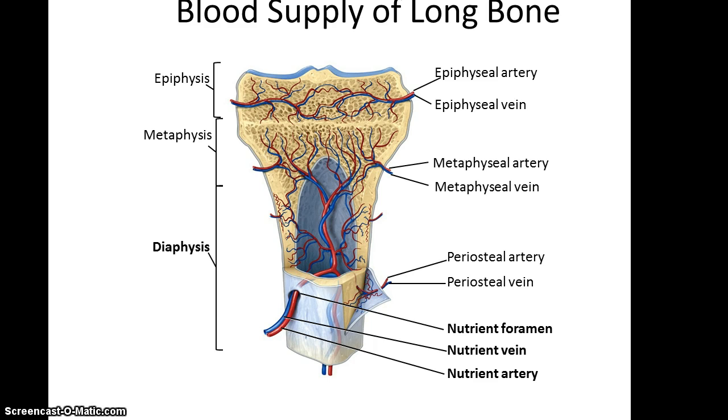However, you also have metaphyseal arteries and veins that can enter through perforating canals to provide blood for the metaphysis, and then the epiphysis has its own perforating canals that bring in the epiphyseal arteries and veins. And that is it for part 2 of this lecture series.